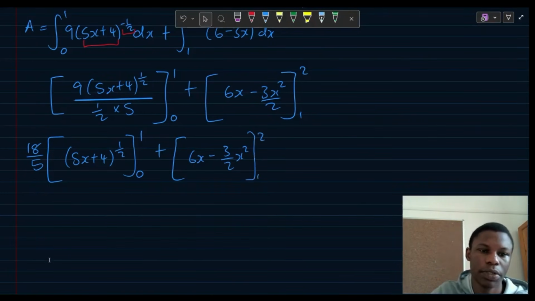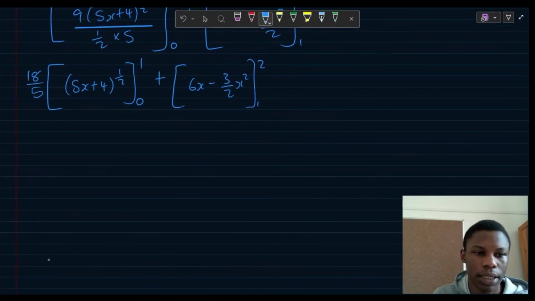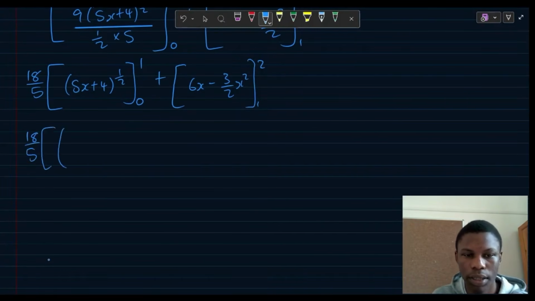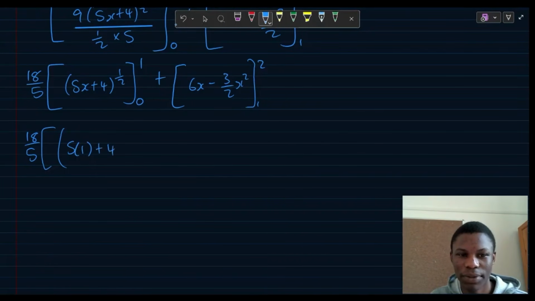And now we can substitute in our limits. So here I've got 18 over 5. Substitute the upper limit. That's 5x, x is 1, plus 4, and this is to the half, minus the lower limit. That's 5 times 0 plus 4 to the half.